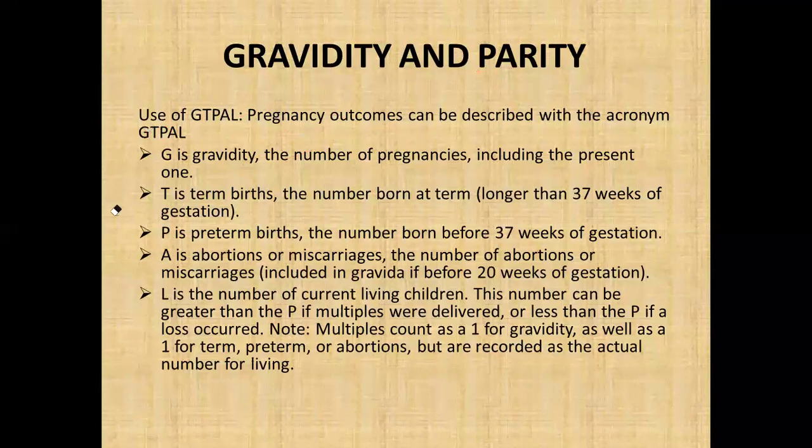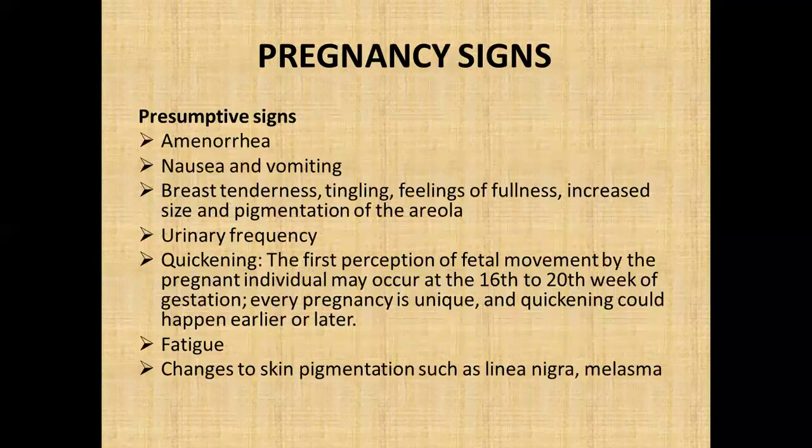Any question, any inputs? Okay, so these are the basics. Sir, if I got you right, maybe four pregnancies, but the person hasn't had any preterm, maybe two miscarriages, but has one child living.